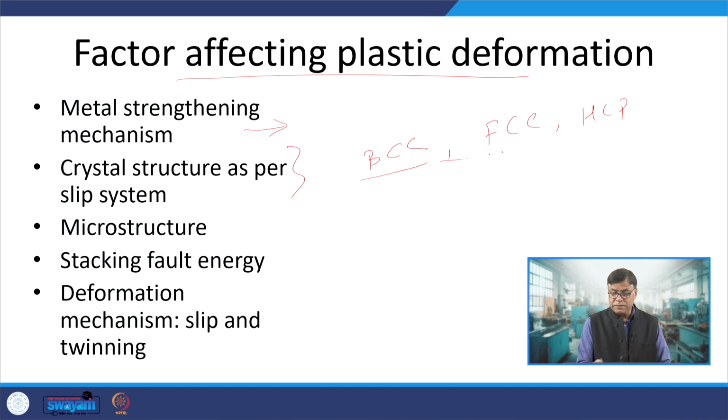These are the most common crystal structures observed in common commercial metals and alloys. Depending upon the crystal structure, we find different slip systems, which in turn affect the ease with which slip or deformation takes place in a metal, and that in turn affects the plasticity of the material.